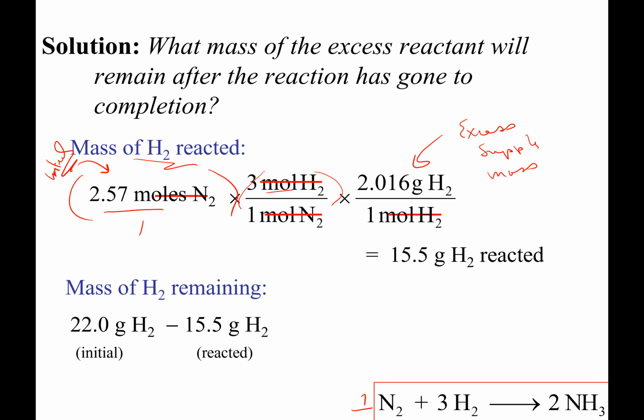We started with 22.0 grams, and from that we subtract 15.5 grams. Since we're subtracting, we round according to decimals. And you're looking at 6.5 grams of H2 left. That's like your leftover bread. So that's collectively what that looks like.